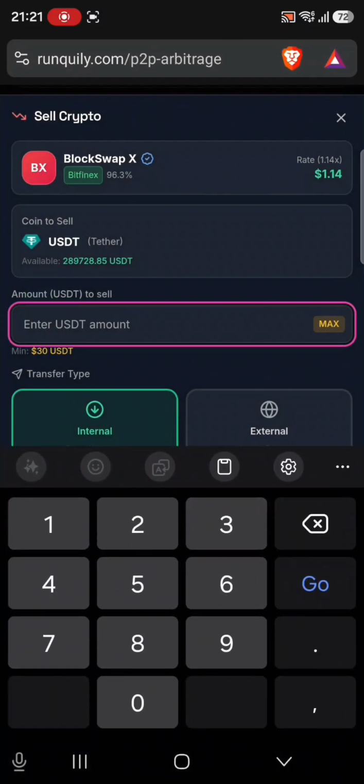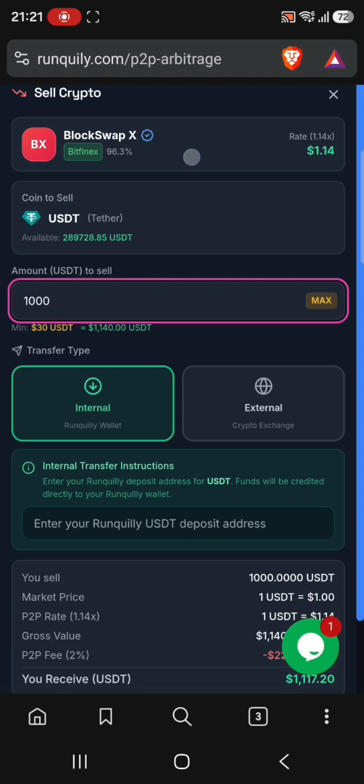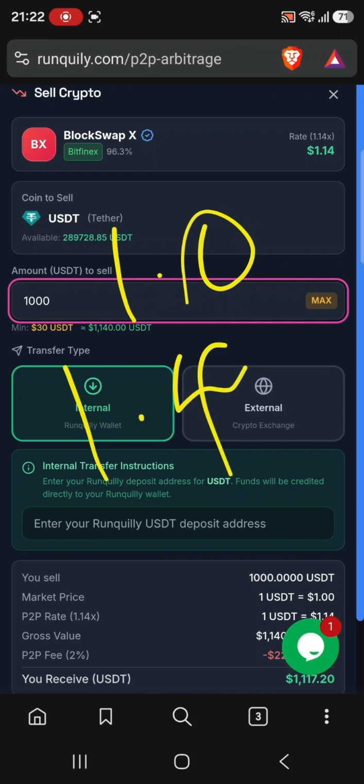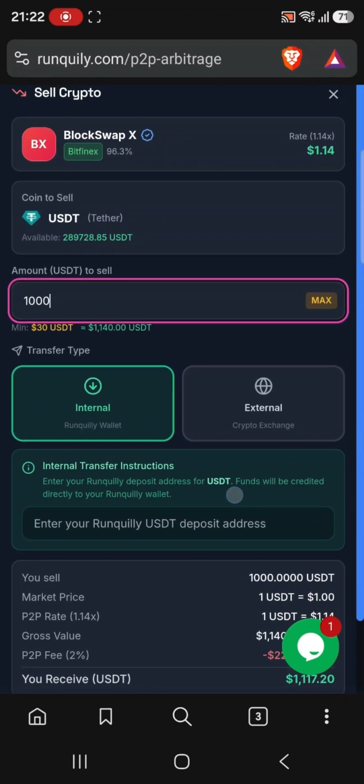Like right now it is 1.14, so I can trade 1,000 USDTs. 1,000 USDTs means that I bought in Binance at a rate of 1.0 per USDT, but here I'm selling at a rate of 1.14 per USDT. Remember, you can substitute with BTC, Ethereum, any, depending on the market and the profit margin. So if I sell these 1,000 USDTs, I'll get 1,117 USDTs. They will be sent to my Ranquilly account, then I can withdraw them anytime.